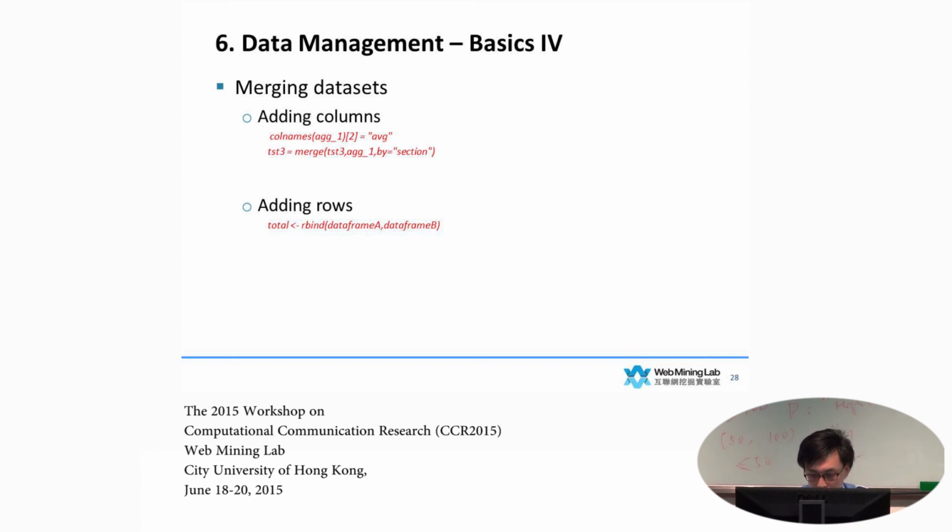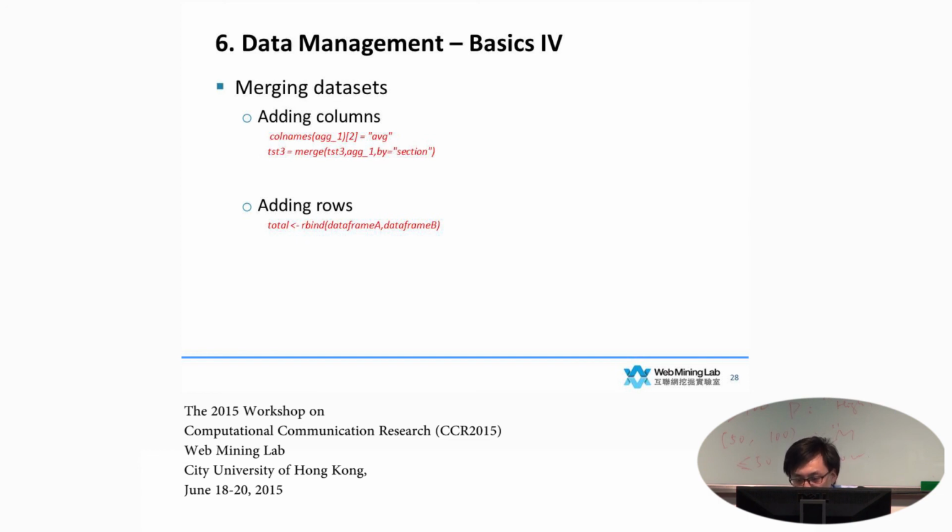We want to merge tst3 and the aggregate data, and we use the argument by section. That means we have two data sets: the first is tst3, and the second is aggregate 1. We want all arts, and we want to append the values.